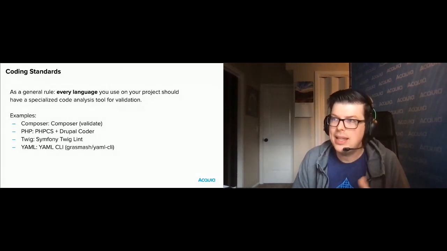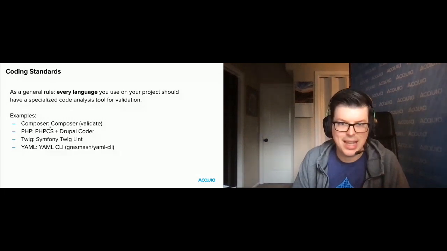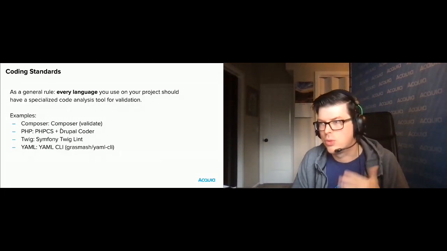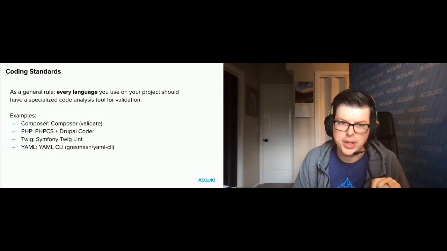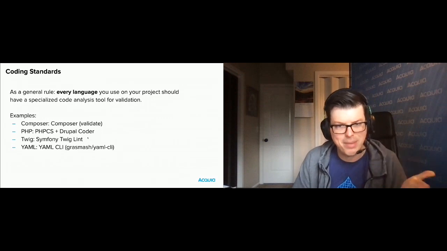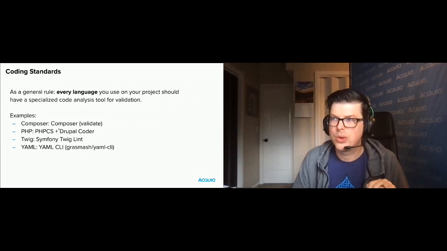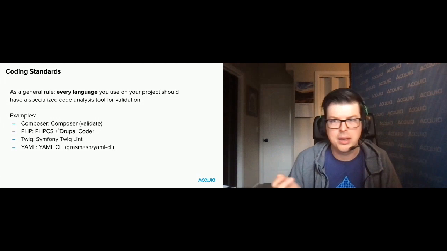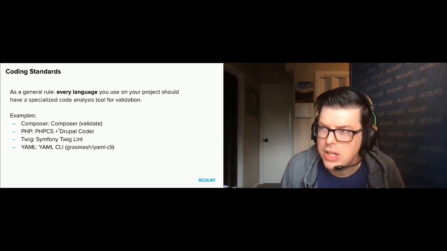For PHP, PHP Code Sniffer is kind of the industry standard for that. GrumPHP is also widely used and very good. There's also a project out on Drupal.org called Drupal Coder. It's not actually a module, but it is sort of the Drupal community standards for PHP Code Sniffer.